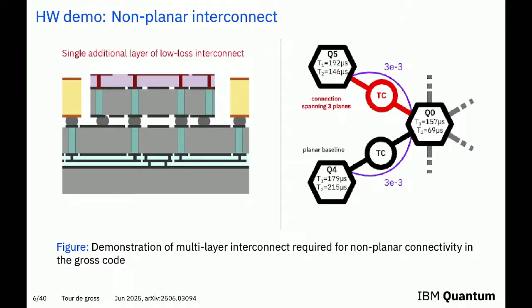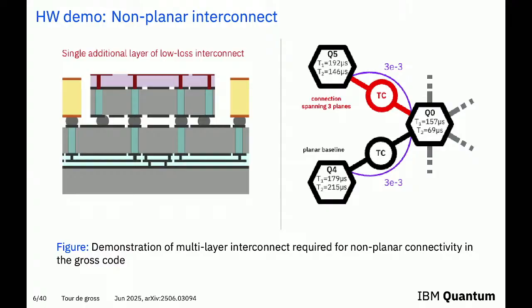And third, the connectivity that is required has these non-planar connections. So we needed to add another layer of interconnect, because we know that this gross code can be implemented using a biplanar interconnect, 2 layers of planar connections.